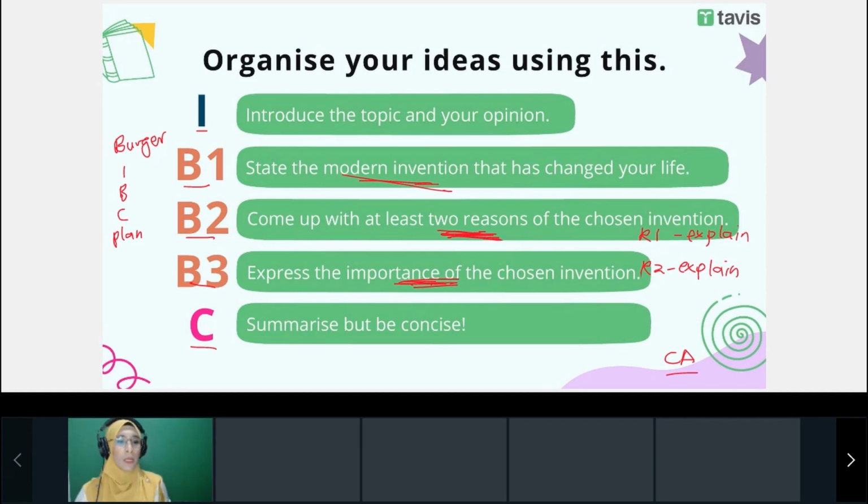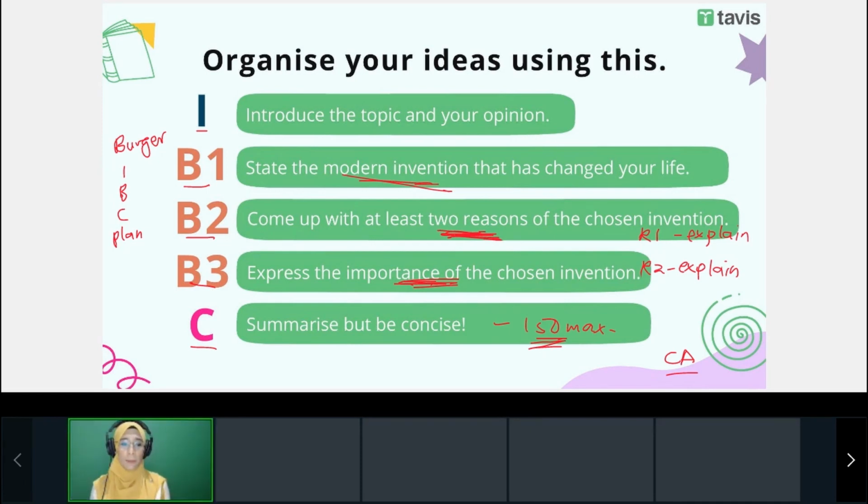Then please make sure that you try and summarize, but be concise too, because you have to keep to a maximum of 150 words. If you have longer sentences and it looks like it's repeating itself, or there are words that you can eliminate, try to do that.